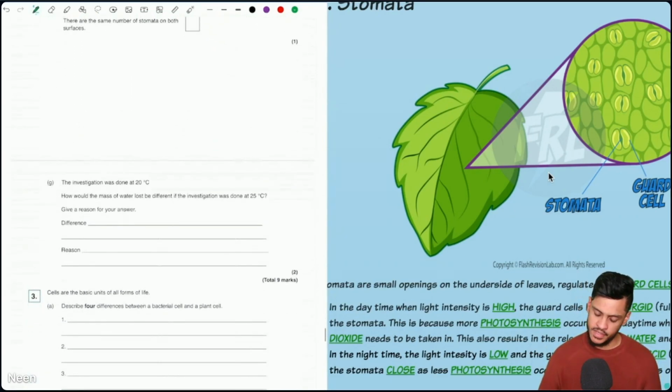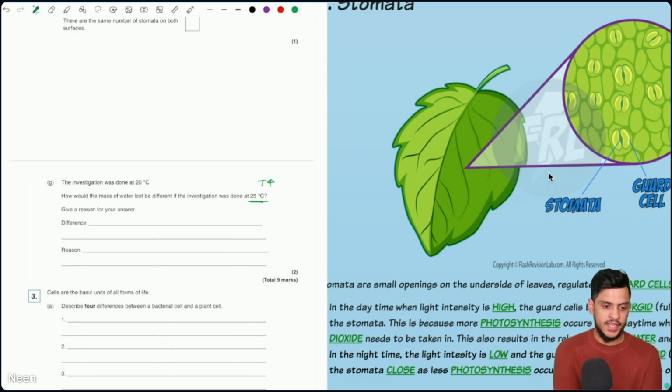I'll explain that again. The investigation was done at 20 degrees. How would the mass of water lost be different if the investigation was done at 25 degrees? So they've increased the temperature. What would you expect to happen? So remember, this is all to do with evaporation, right?